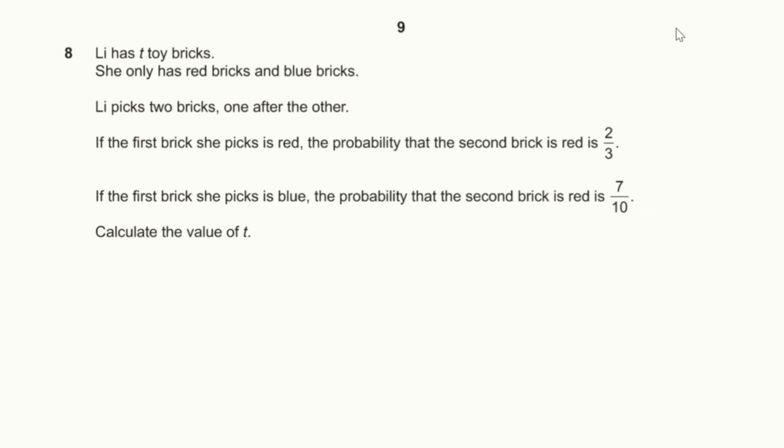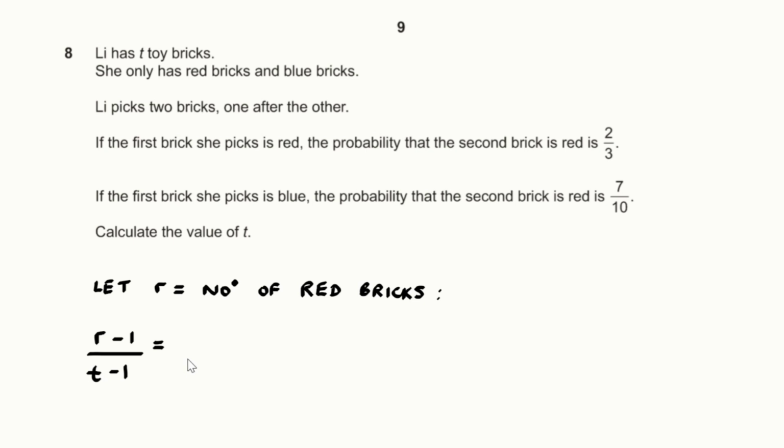We have to calculate the value of t. If we let r equal the number of red bricks, then we have r minus 1 because we've already chosen a red brick, and choosing another red brick means there's r minus 1 red bricks left over out of t minus 1.